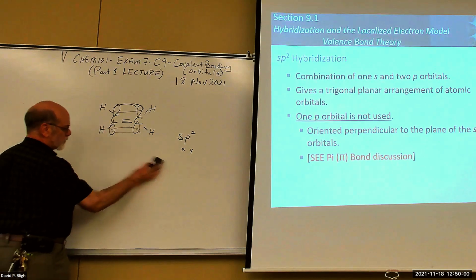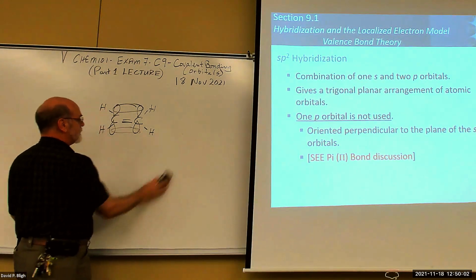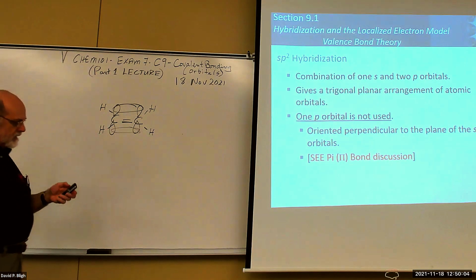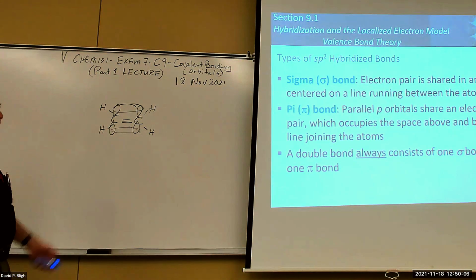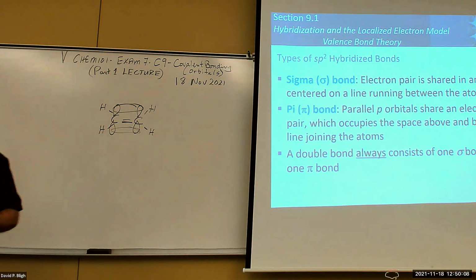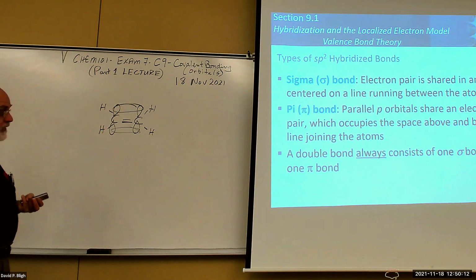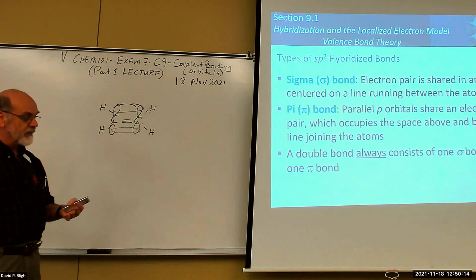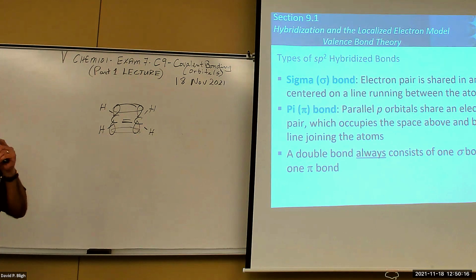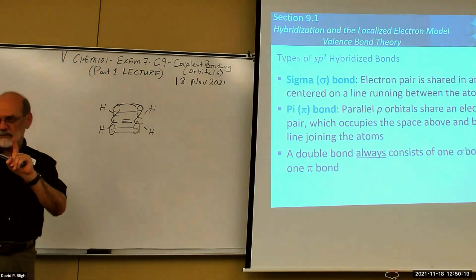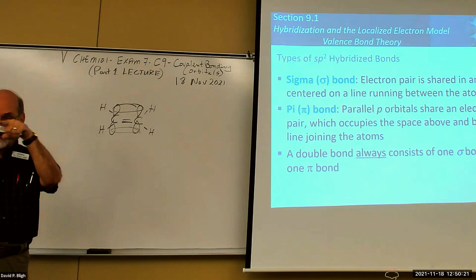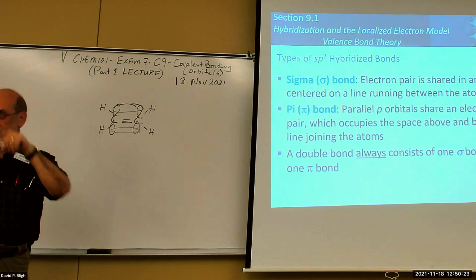Okay, I won't spend too much time on that right now. So that's what we mean by sigma bond versus pi bond. You always have at least 1 sigma bond and only 1 sigma bond between 2 atoms because it's on axis, there's only room for 1 bond.